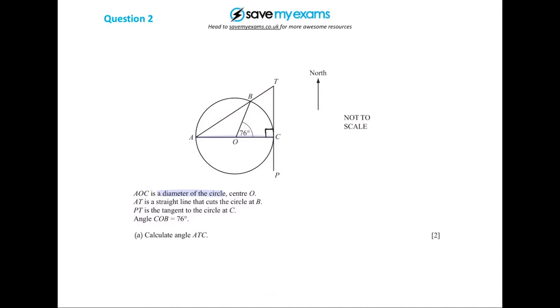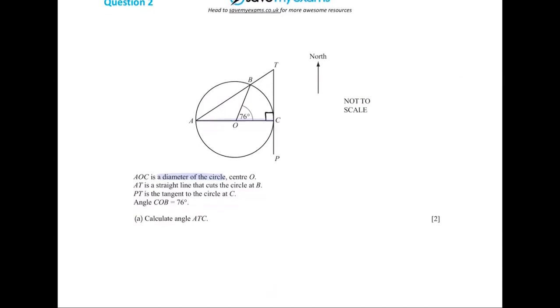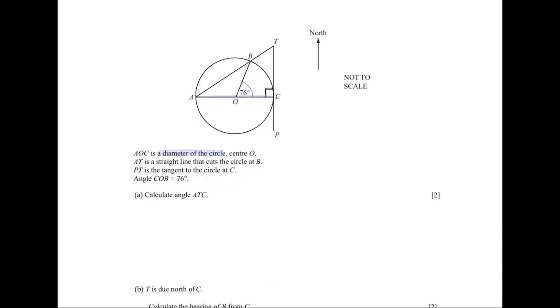Angle COB is 76. Since AOC is a diameter, which means it's a straight line, I can find AOB. Let's see what they want us to find here. Calculate angle ATC. What we're going to do is use triangle ATC to find it. First of all, we have one angle already.